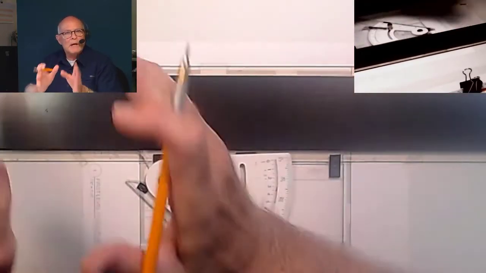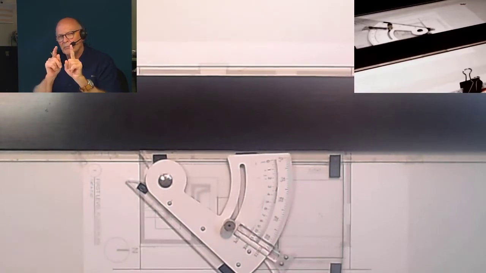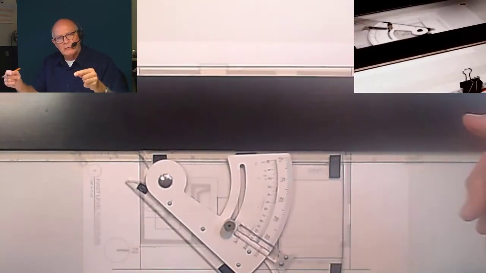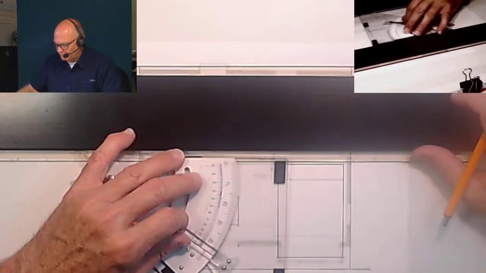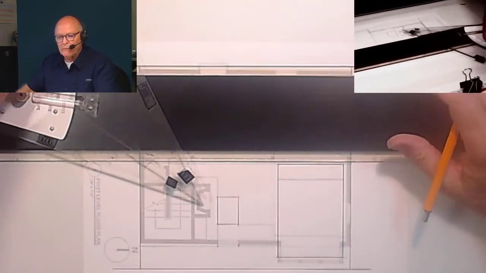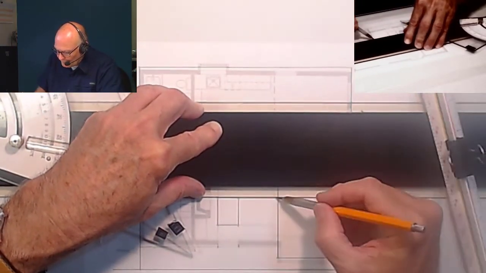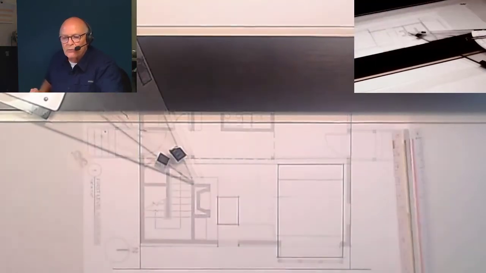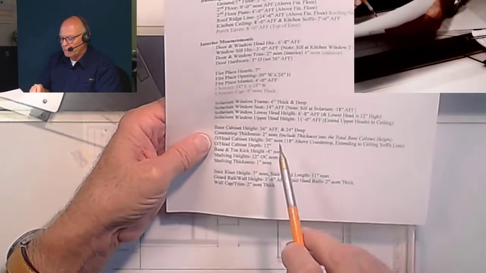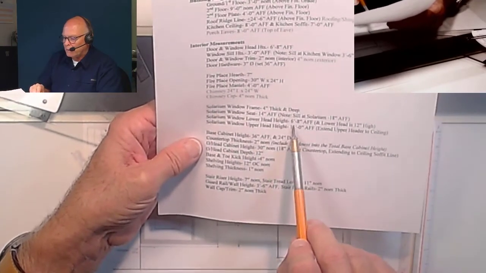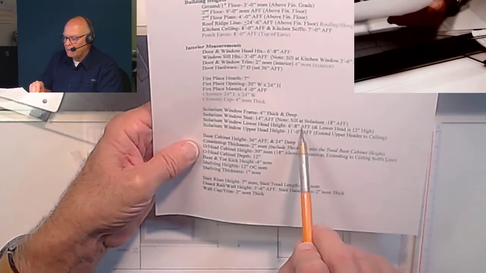Measure it. Again, measure yours. Don't use my dimensions, because it'll make your drawing more consistent if you just take it off your work and not mine. Okay, so we've got that. The band, I think, was at 8. The bottom of the band was 6 foot 8. Let me double check. Solarium, it says, okay, the lower head is 12 high and it is at 6'8".